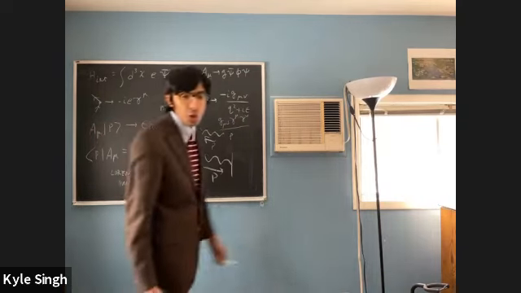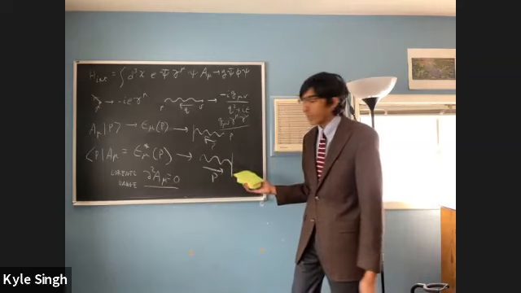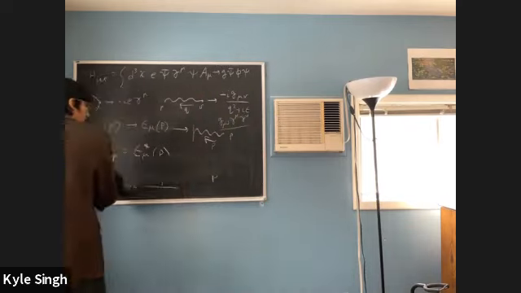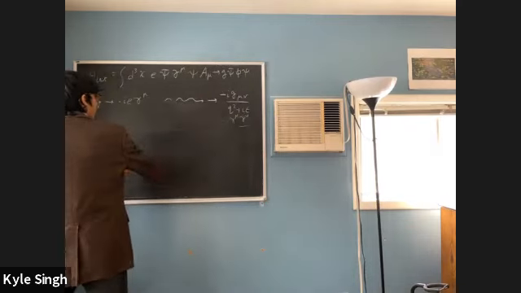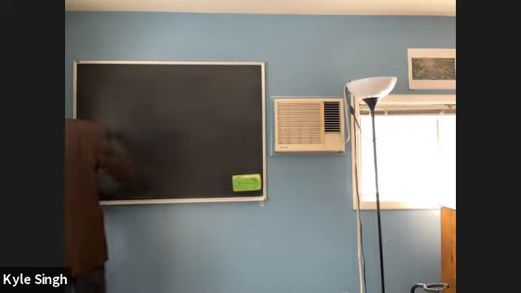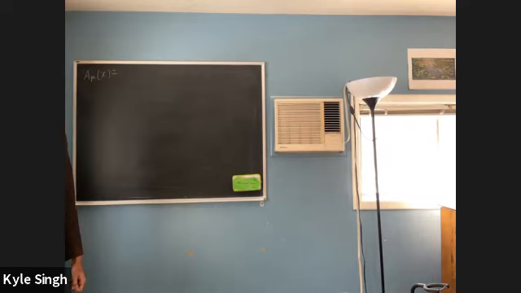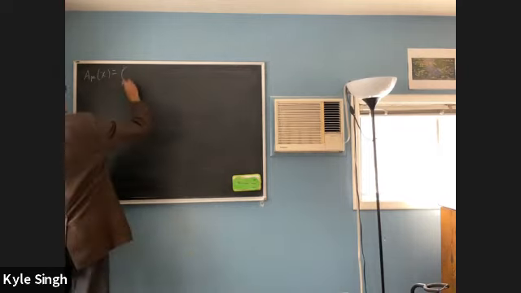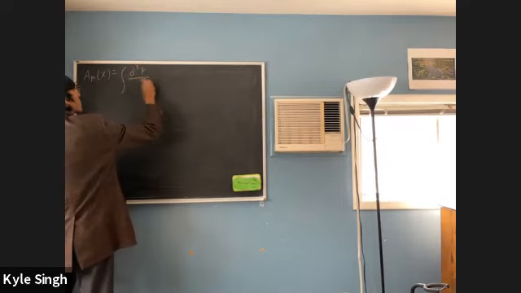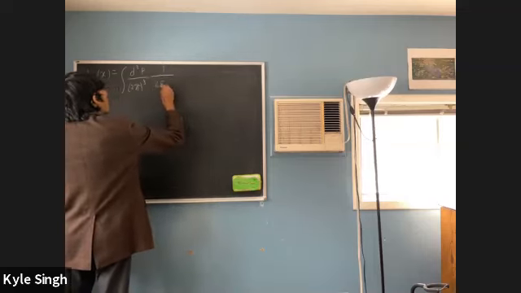Okay, now the natural thing to do would be to write a mode expansion, right? That would be the natural thing to do. So let's write out the mode expansion for the gauge field, A mu of x. And naturally, what you should expect are creation and annihilation operators and polarization vectors. 1 over 2 E_p.